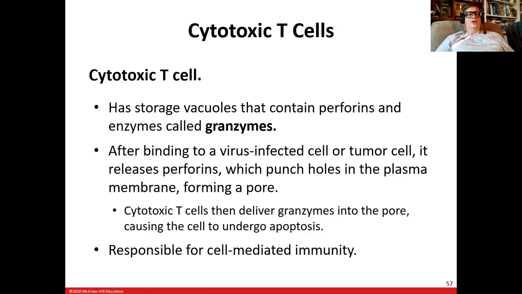There's the pretty picture. A cytotoxic T cell, you probably guessed, has cell toxins. Cyto means cell, toxic means toxic, and I don't mean Britney Spears. It has vacuoles inside that are full of perforins and enzymes called granzymes. Perforins, the name does exactly what you think.